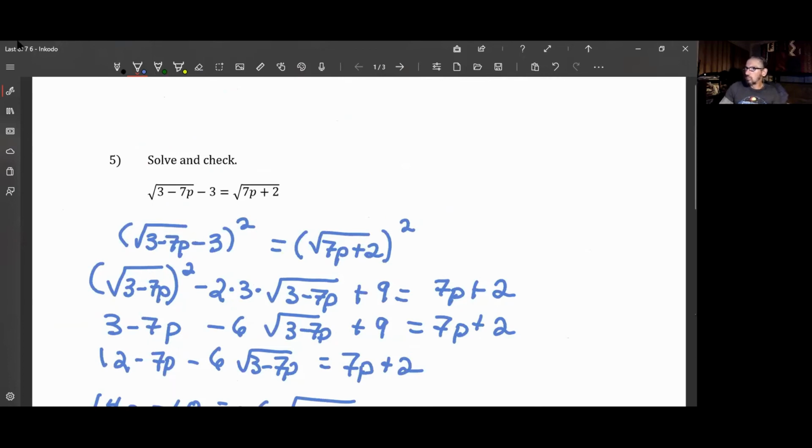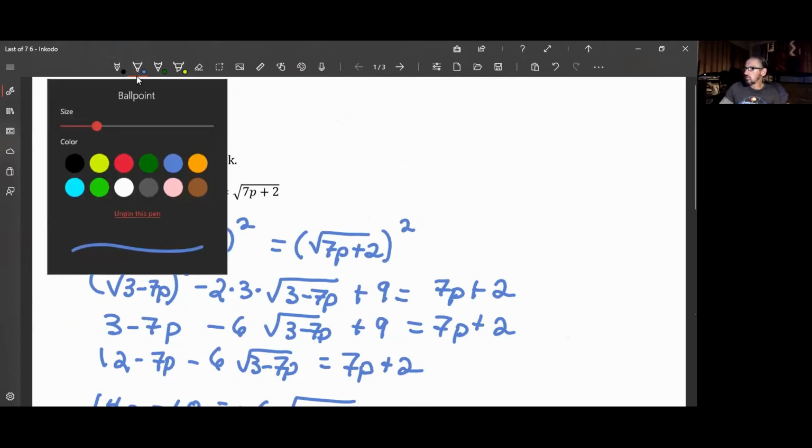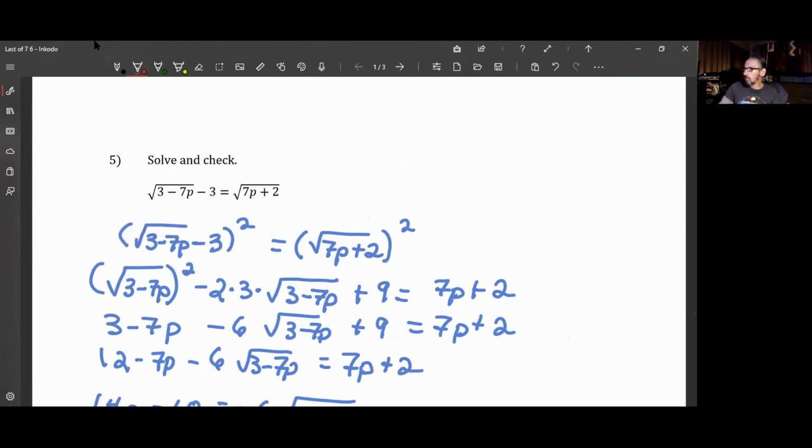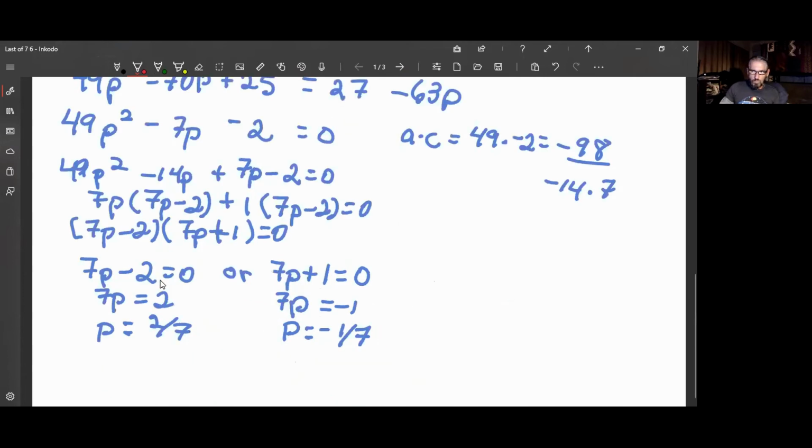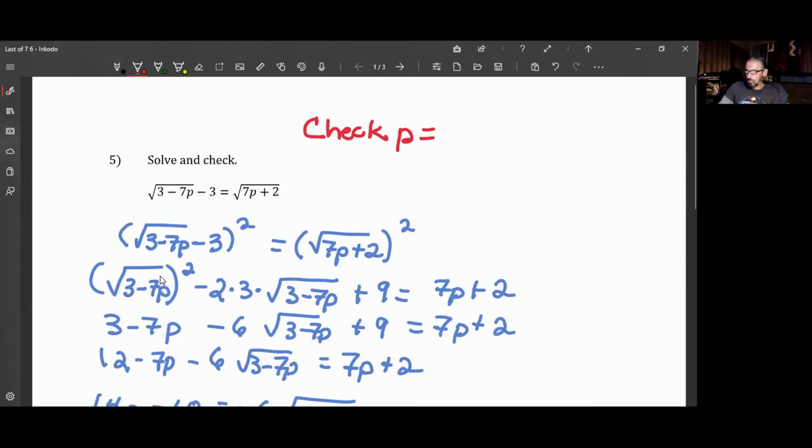So we check p equals the positive 2/7. The nice thing is that wherever we see p, it's being multiplied by 7, which will cancel out.